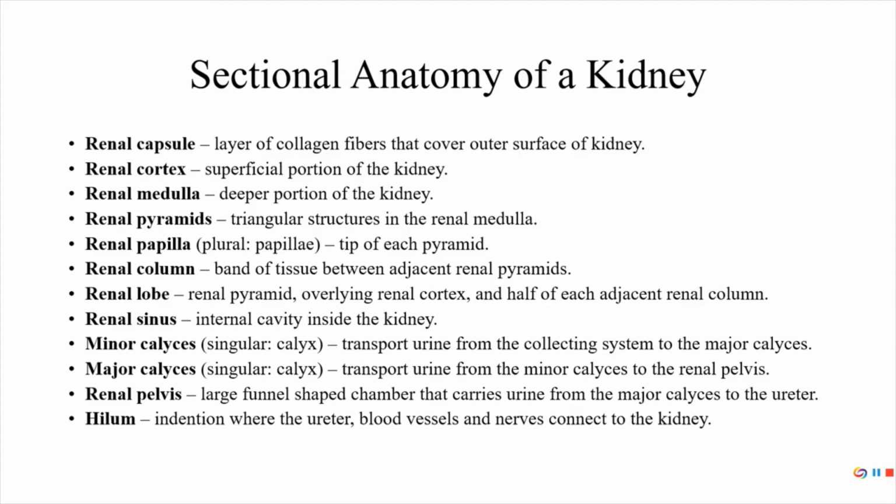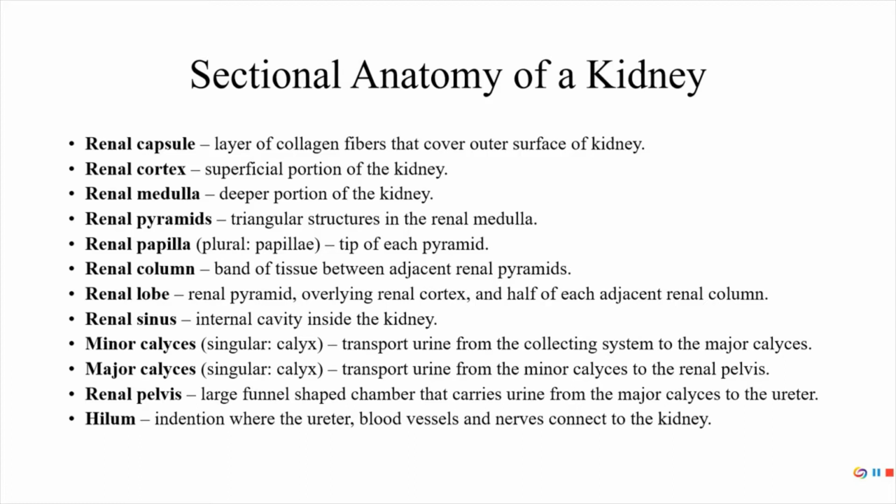It's the funnel that collects urine from all the major calyces, and it sends it down to the ureter. And the ureter is that tube we saw previously that went from kidney down to the urinary bladder.